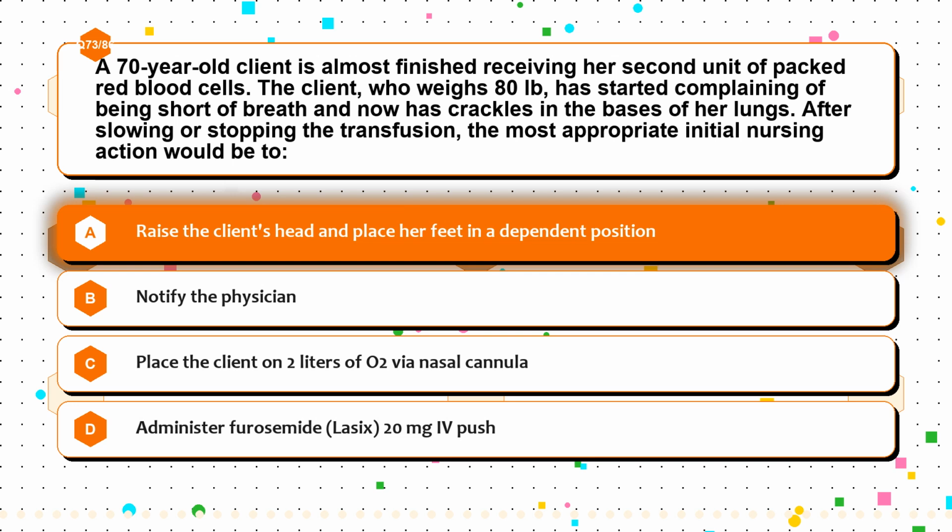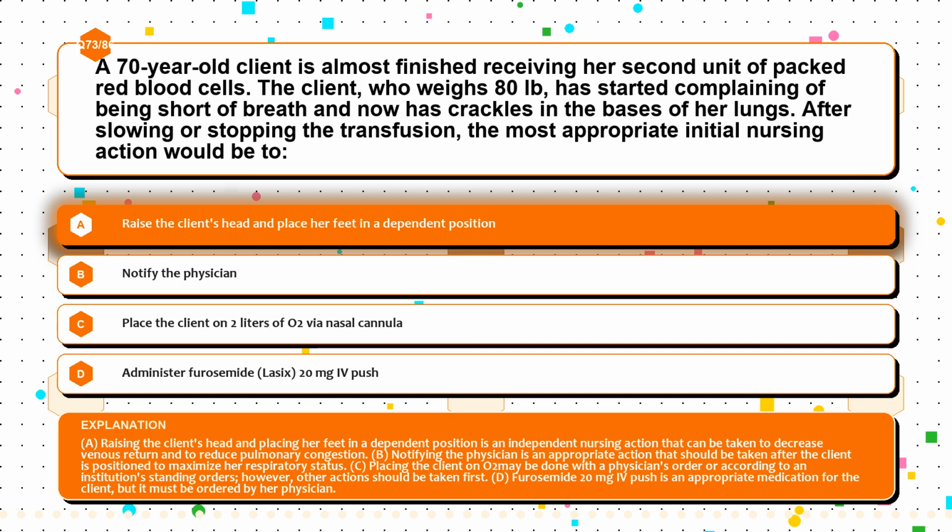The correct answer is option A. Raise the client's head and place her feet in a dependent position. Raising the client's head and placing her feet in a dependent position is an independent nursing action that can be taken to decrease venous return and to reduce pulmonary congestion.